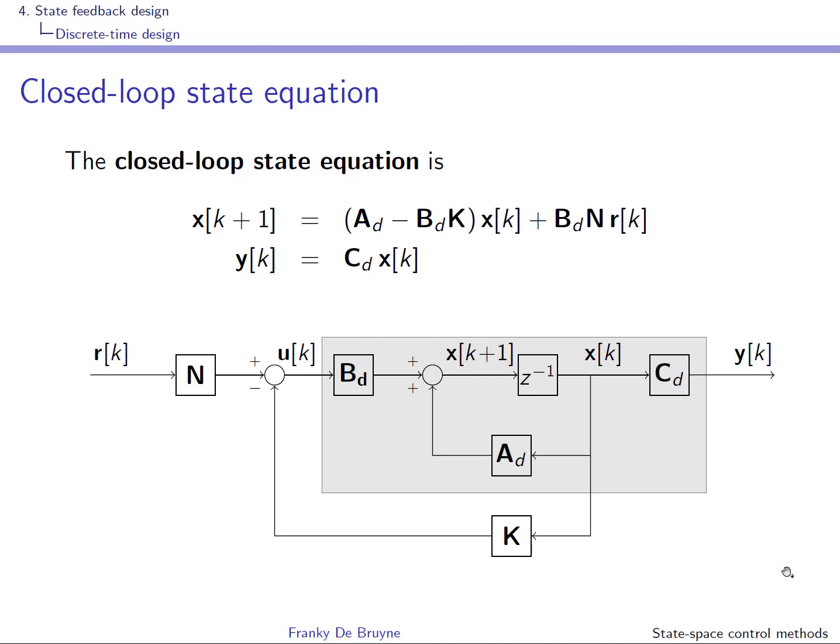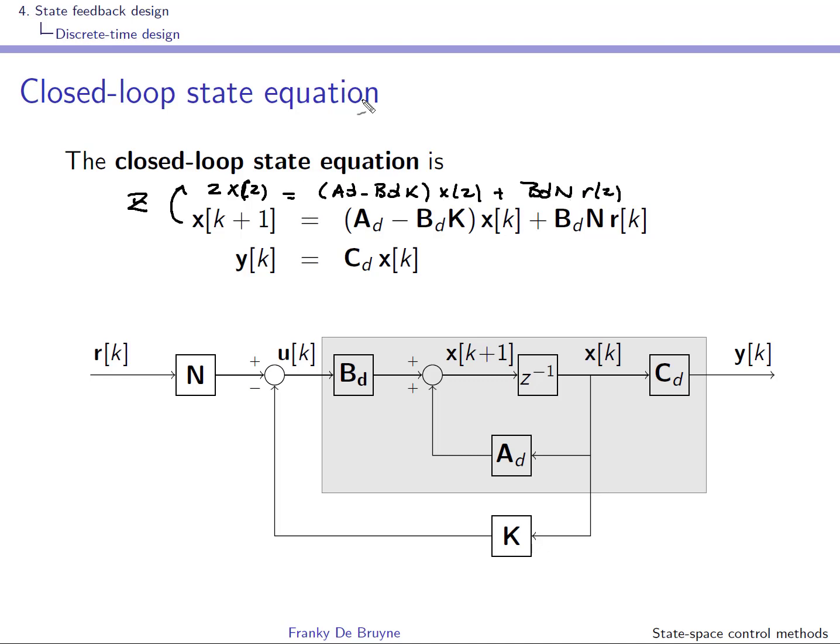Note that we can go to the z domain by using the z transform. If we do this, we'll have z X of z equals AD minus BD K times X of z plus BD N R of z.